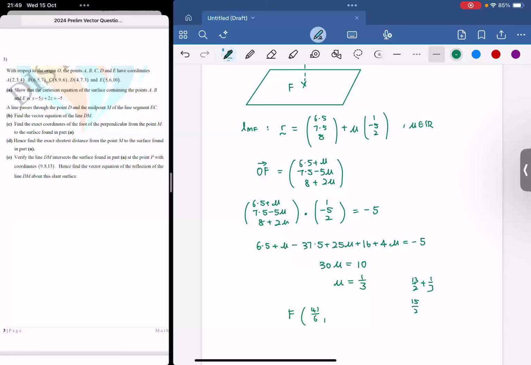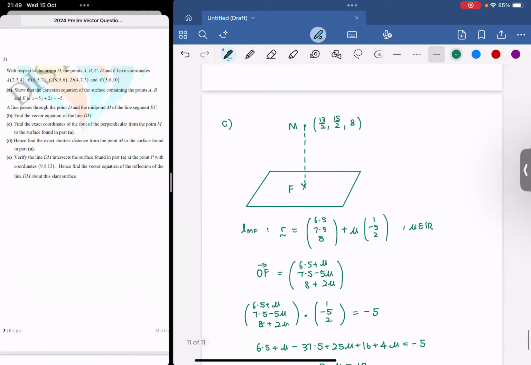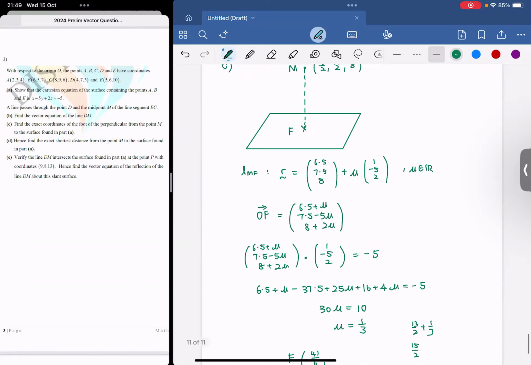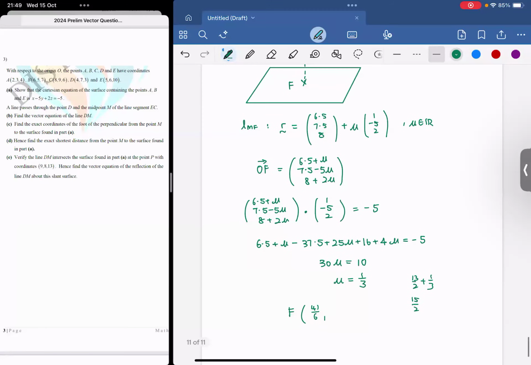Then 15 over 2 plus 1/3 is 47 over 6. Lastly, 8 plus 2/3 is 26 over 3.